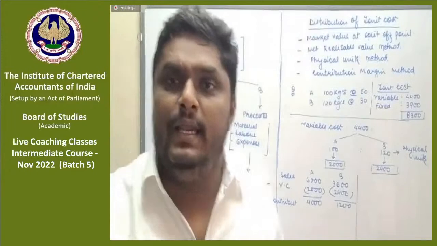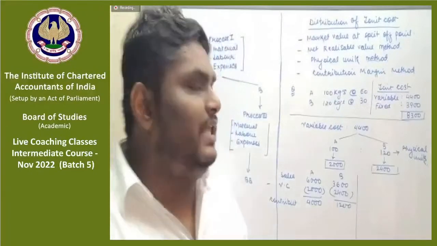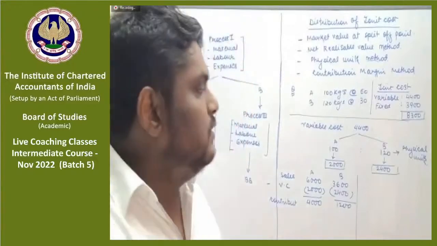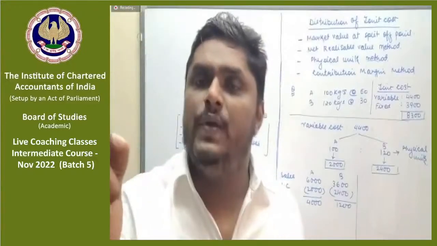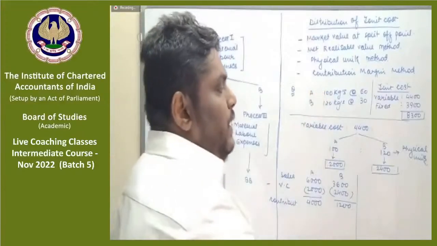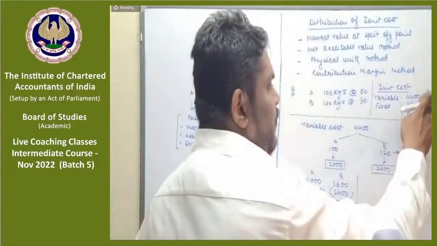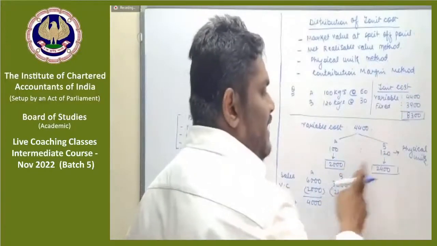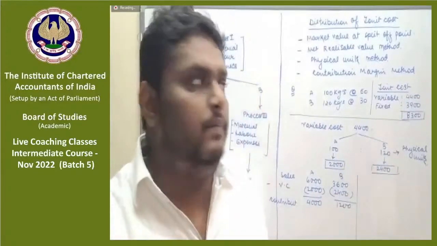I repeat again, when the information is given in the question as regards fixed cost and variable cost, the variable cost will be distributed in the ratio of physical units, that is 100 is to 120. So this cost of 4,400 is distributed in the ratio of 100 is to 120, that is 2,000 is to 2,400.